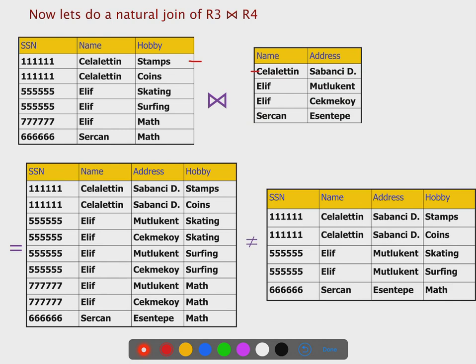So we have seen that just looking at just one instance does not tell us that the decomposition is lossless join decomposition, and we should apply the general rule that the intersection of the schema of the subrelations should be a key in either of the relations.